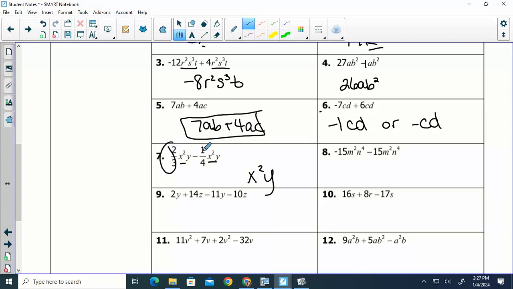So all you do is 2/3 minus 1/4, and you can use your calculator if you need to. 2/3 minus 1/4, and then turn it into a fraction. So we get 5/12 x squared y. Number 8, negative 15 m squared into the fourth minus 15 m squared into the fourth. What do we get?